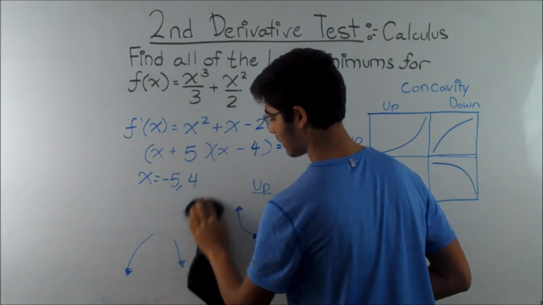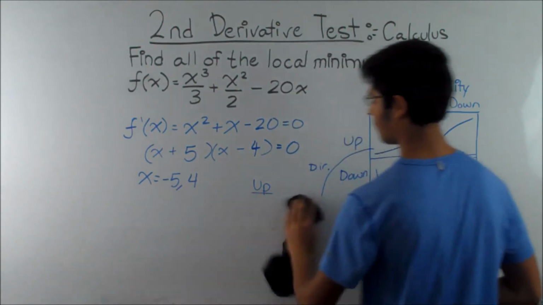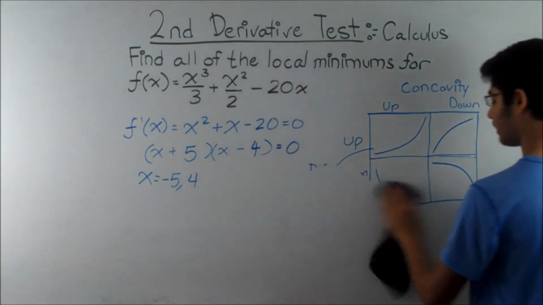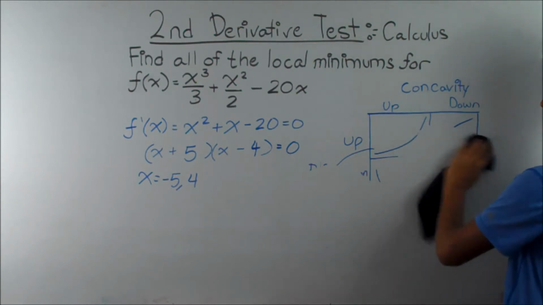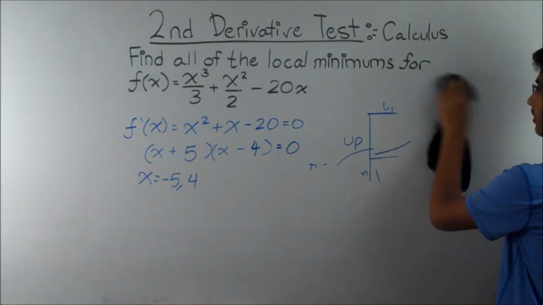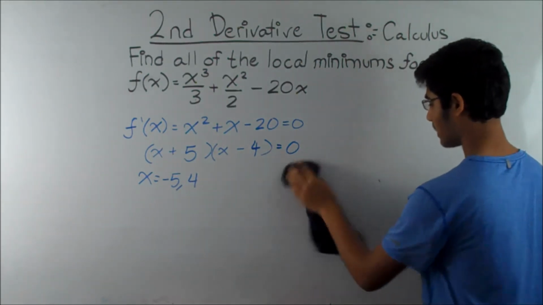so let's write this on the side. If you have a point C such that the first derivative is equal to 0 at point C, so let me write this.